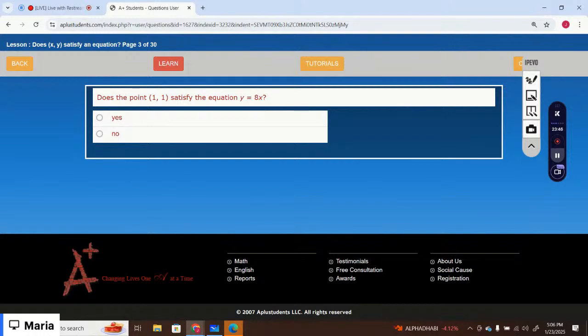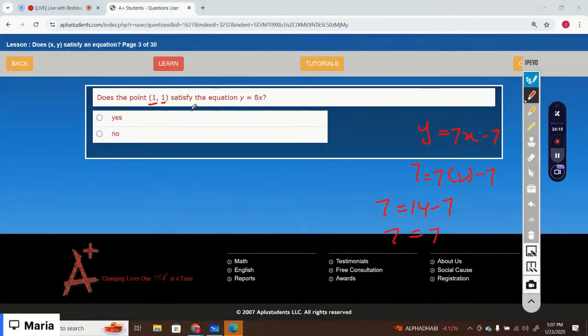Does the point (1, 1) satisfy the equation y equals 8x? You just have to put the values.